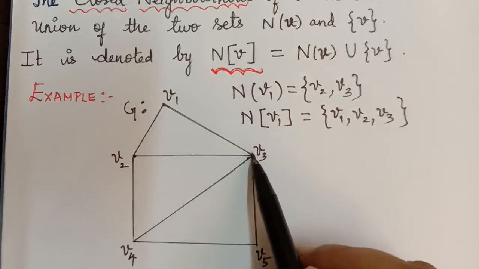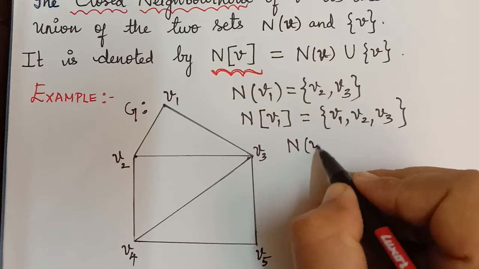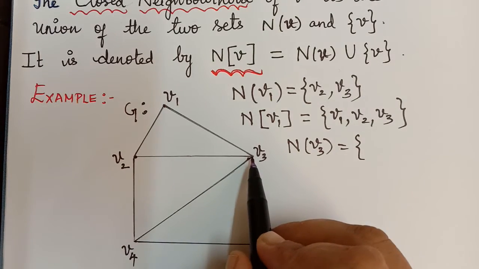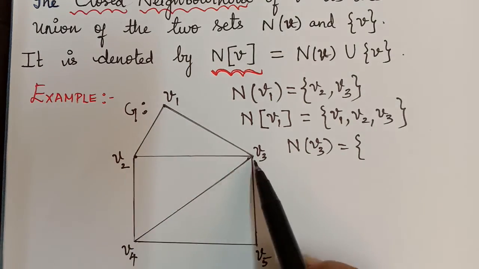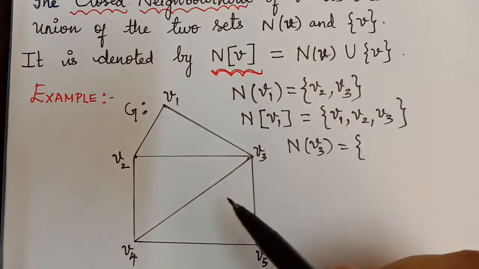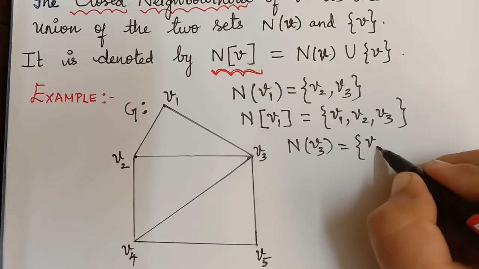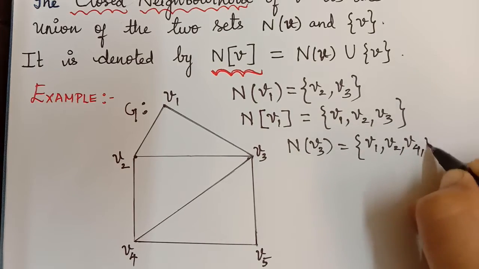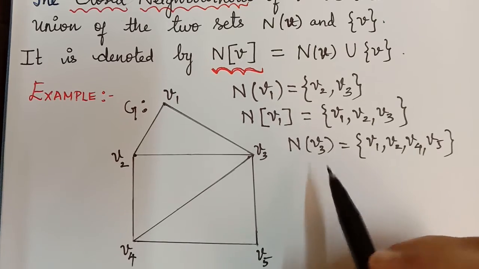Now we shall consider another vertex V3. So let us write the open neighborhood of V3. The vertices which are adjacent to V3 are V1, V2, V4 and V5. So in this graph all the vertices are adjacent to V3. So V1, V2, V4 and V5 gives the neighborhood set of the vertex V3.